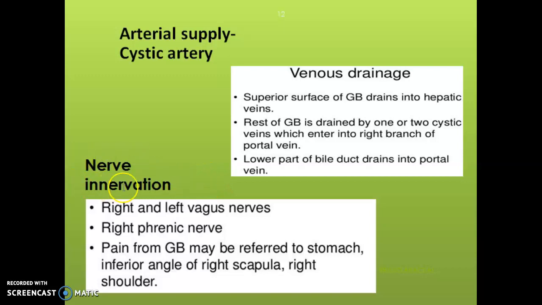About the nerve innervation, the right and left vagus nerves innervate the gallbladder, as well as the right phrenic nerve. That's why the pain from the gallbladder may be referred to the stomach, the inferior angle of the right scapula and the right shoulder. This is referred pain.